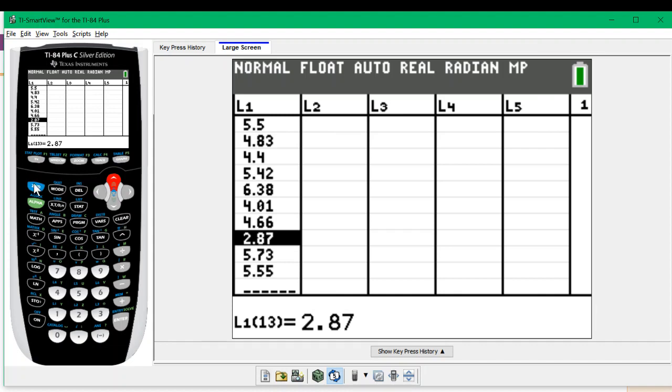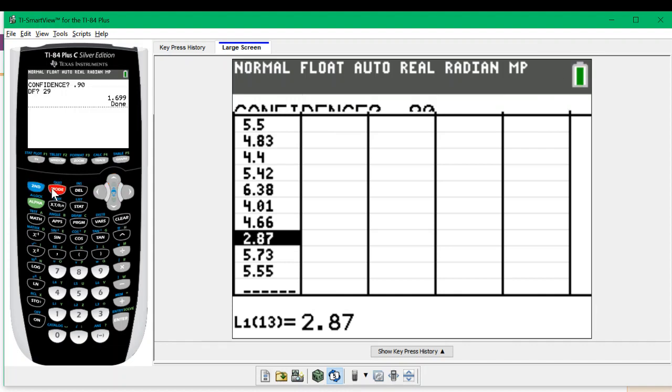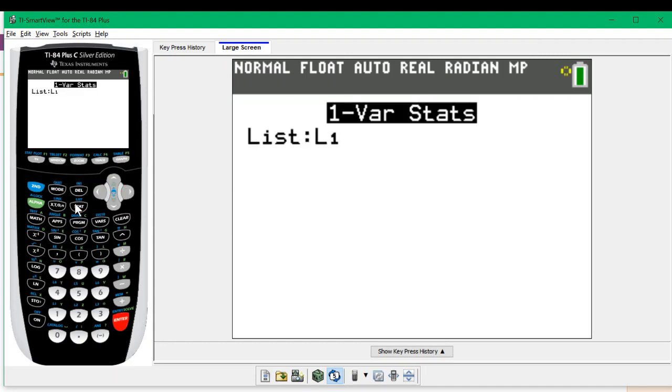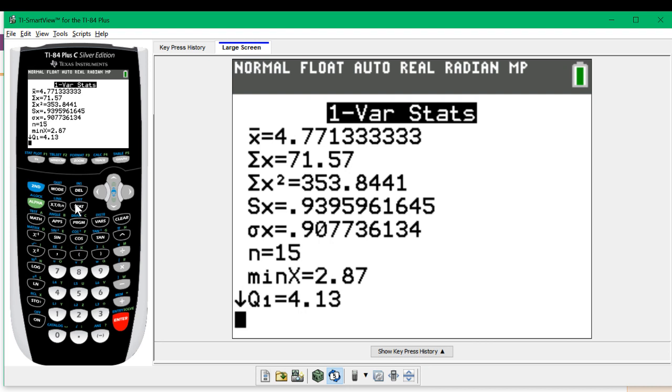Okay, home screen. I need to calculate, so I'm going to go calculate one of our stats. The sample oxygen levels were in L1, so I'm ready to go. It looks like I get 4.77. And just to make sure we know what we're talking about, are we using S or are we using sigma?